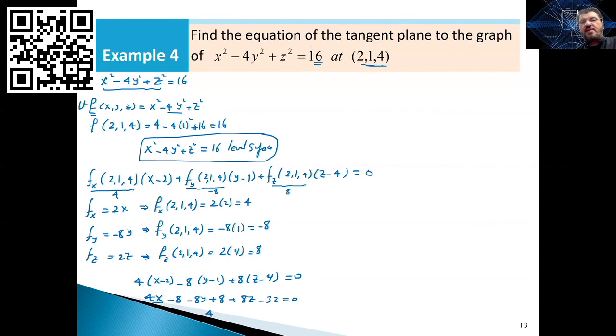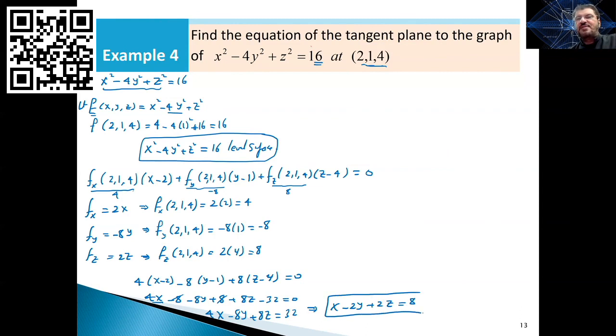So we have 4x minus 8y, then plus 8z is equal to what? Now minus 32, now minus 8 plus 8 is gone, so is equal to 32. But we know this is all divisible by 4, so what do we have? So we have x minus 2y plus 2z is equal to 8.